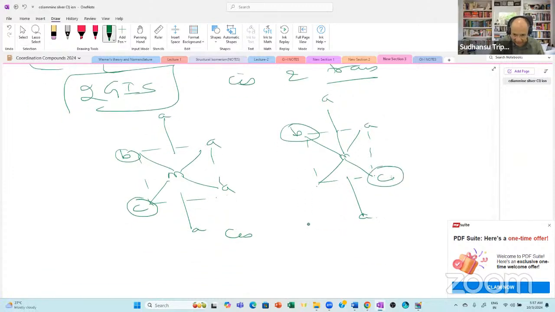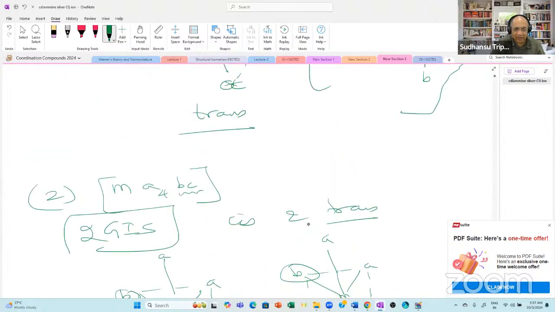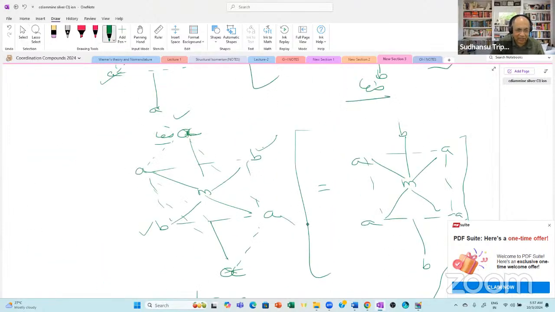So that is cis and this is trans. And we can give an example. This is [Co(NH3)4ClNO2]. This is A4, this is B, this is C. And here the example can be given: [Co(NH3)4Cl2].